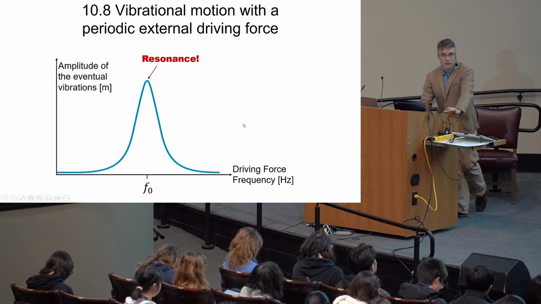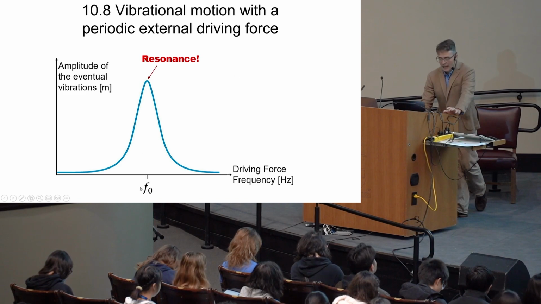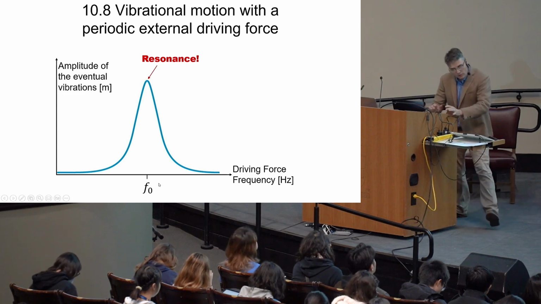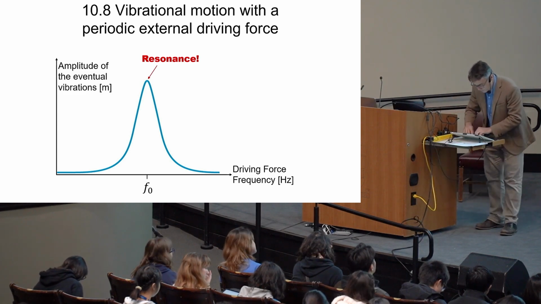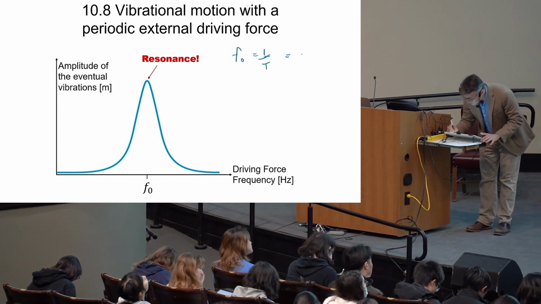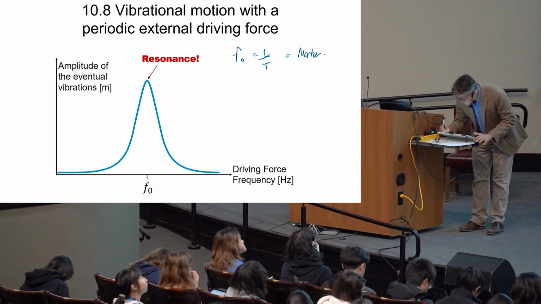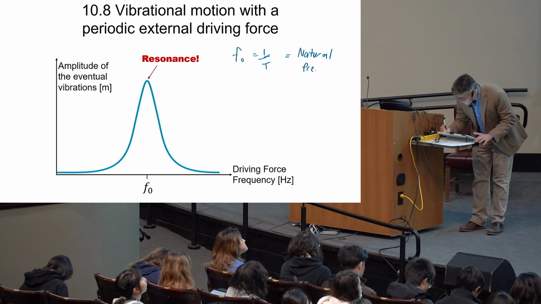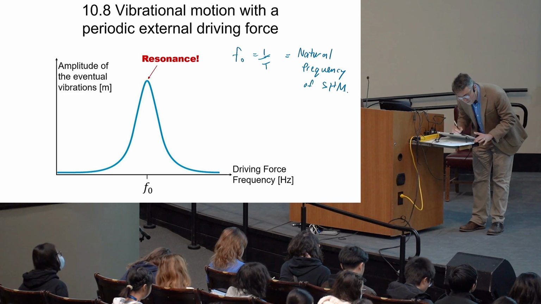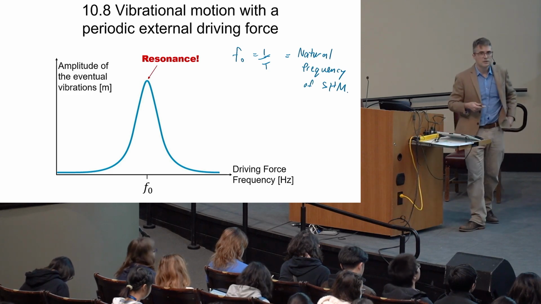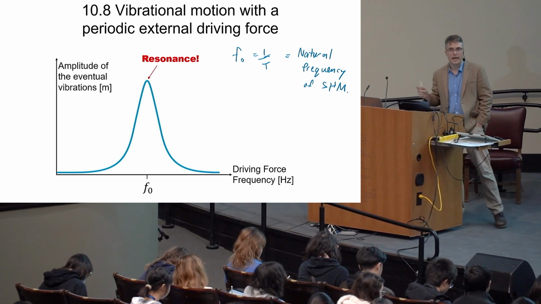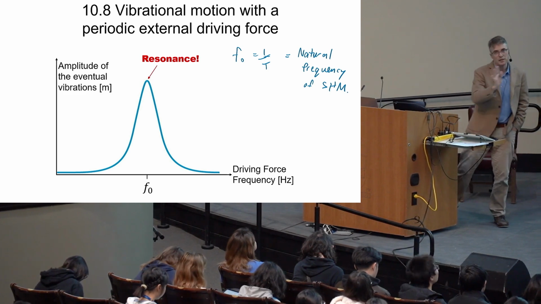The amplitude goes up and down, and it's maximum at a special frequency called f0, the natural frequency of simple harmonic motion. So, for example, if you used T equals 2 pi square root of m over k, that would give you a period, and a natural frequency, and that's where the thing will resonate.